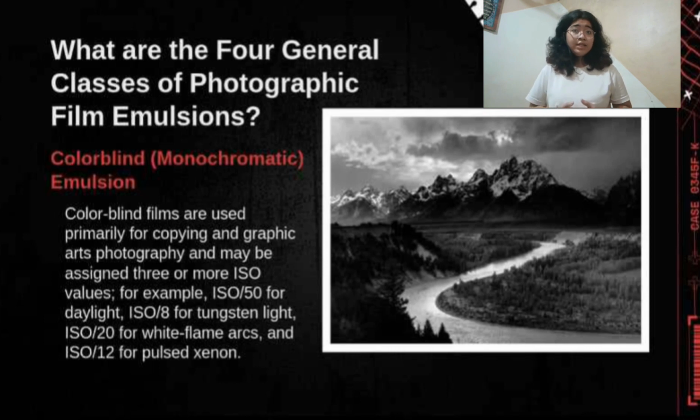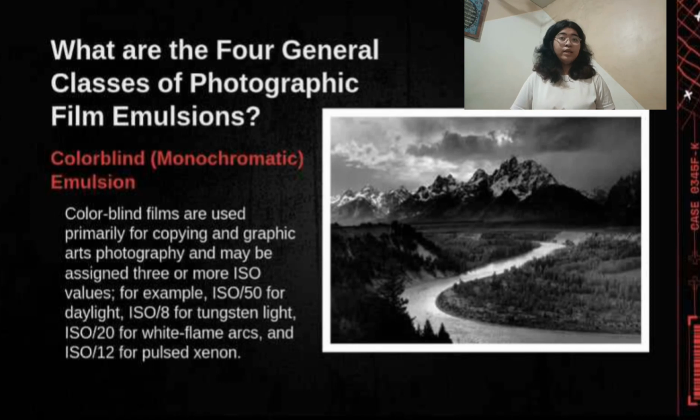What's interesting is that colorblind films can have multiple ISO values assigned to them. ISO values represent the sensitivity of the film to light, and different ISO values are assigned to various light sources.